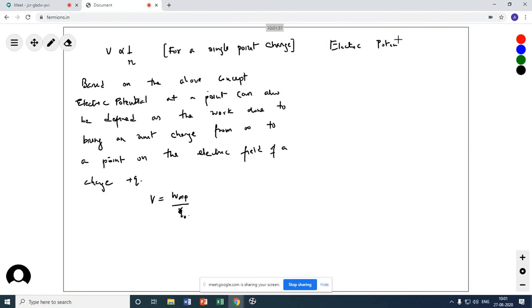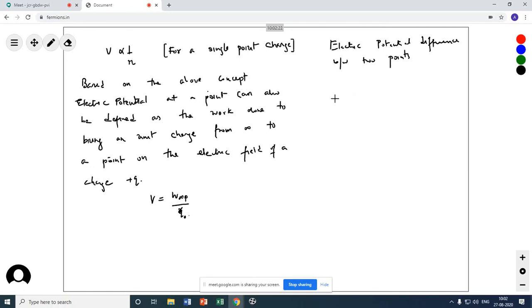Similarly, we can explain electric potential difference between 2 points. If I consider 2 points, it is not necessary that this has to be a charge only. Later on in current electricity, all this concept will be translated to a circuit.